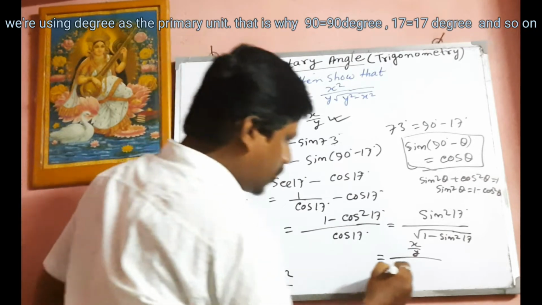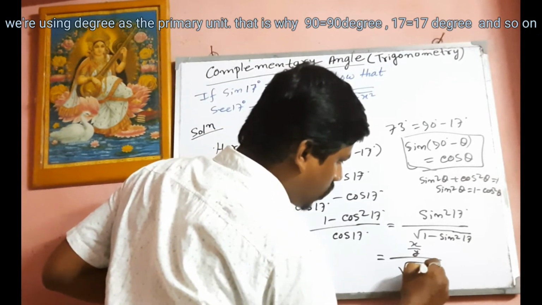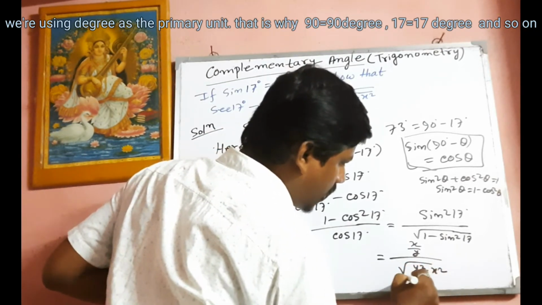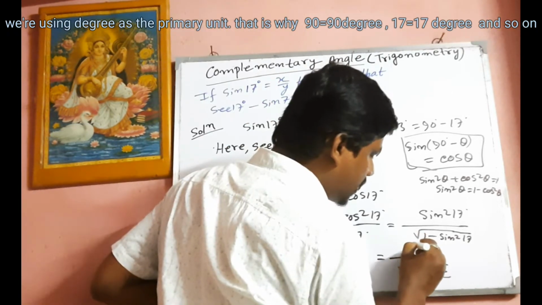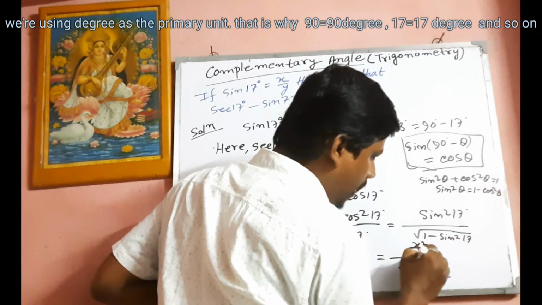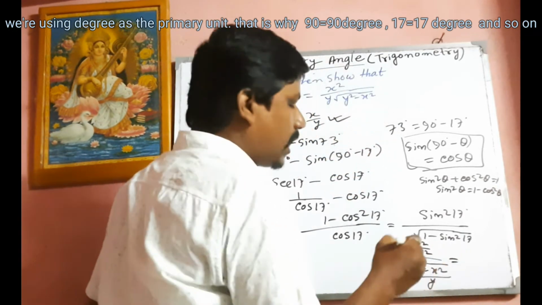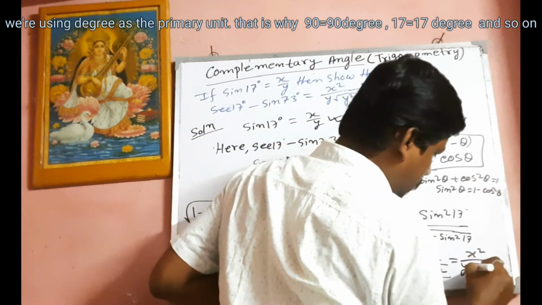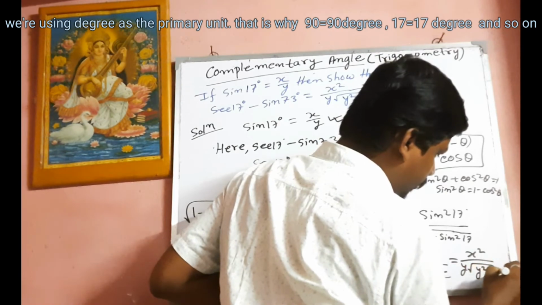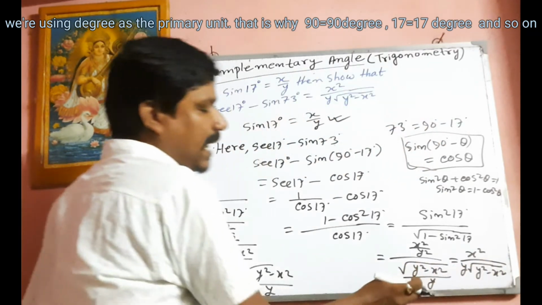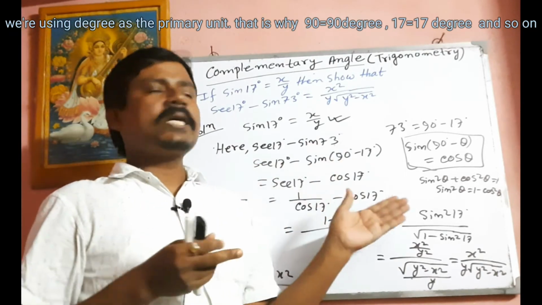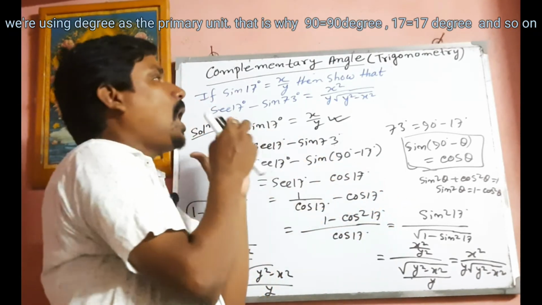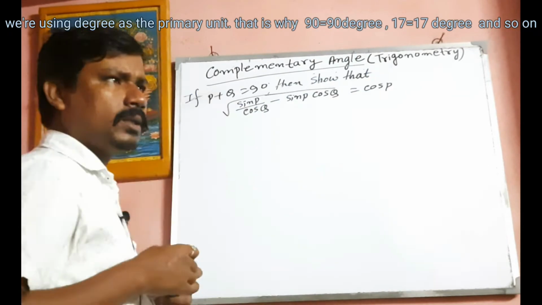We are putting here root under y square minus x square divided by y, and this is x square by y square. After calculating this we get the result. So this is the complete first example, and we move to the next example.